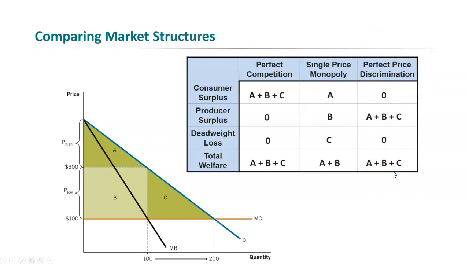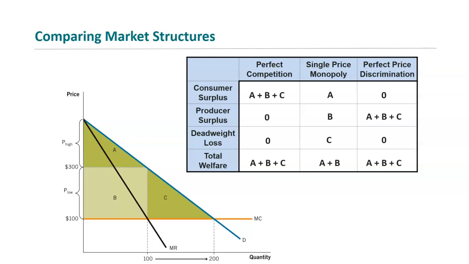So if you remember from our original discussion of how economists measured efficiency, it's just maximizing surplus. I don't care if the consumer gets all the surplus, or if the producer gets all the surplus, or if, in the case of other perfectly competitive markets where the supply curve is not flat, then we may see producers and consumers sharing the surplus.